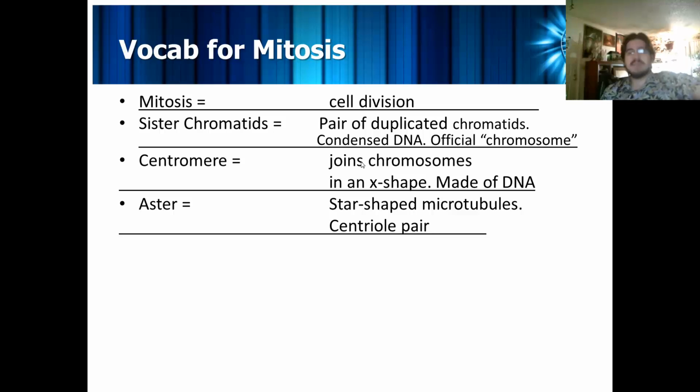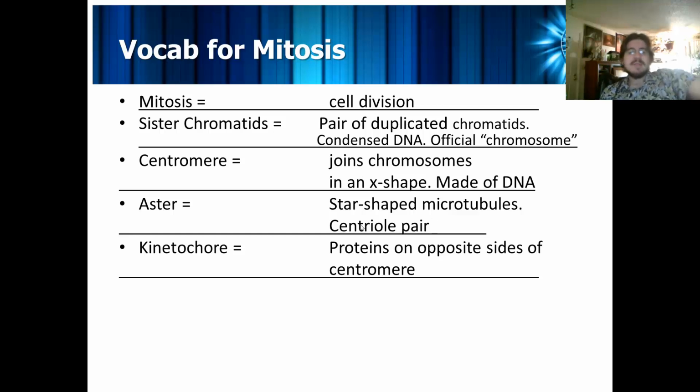So, amazingly enough. The kinetochore, besides being one of those awesome science words that you would never use outside of talking about mitosis, is proteins on opposite sides of the centromere. I have pictures for you to make this all make far more sense. So we'll get to those in a moment. But the kinetochore are little proteins on either side of the centromere.